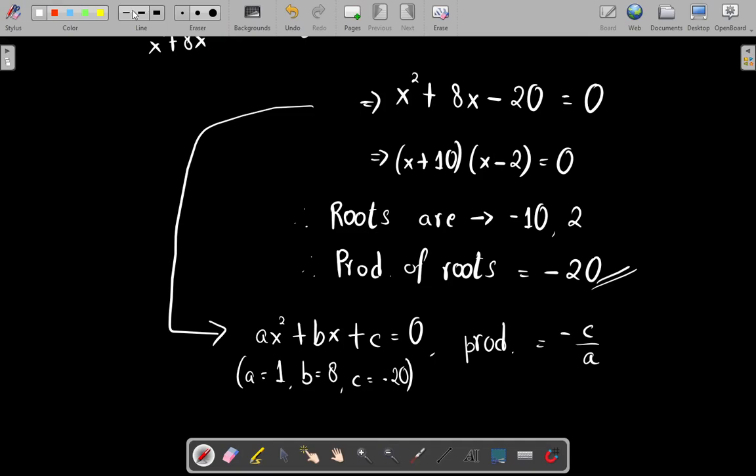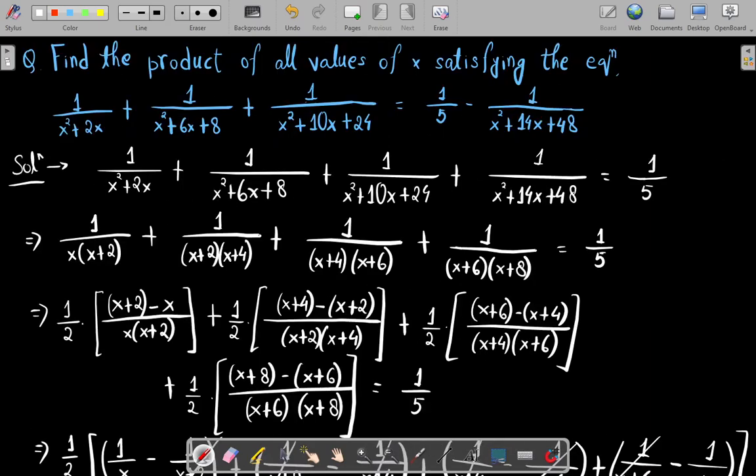Sorry, product of roots, sorry, my bad. Product of roots is plus c by a, sum of roots is minus b by a. Product of roots is just c by a, right? So c is our minus 20 and a is 1, so directly you can compute product of roots equal to minus 20. Okay, from this equation directly without factorizing. So this is the final answer. Minus 20 is the answer.